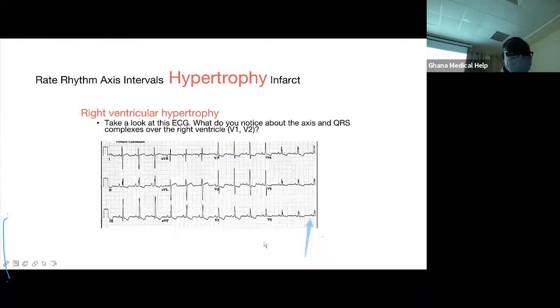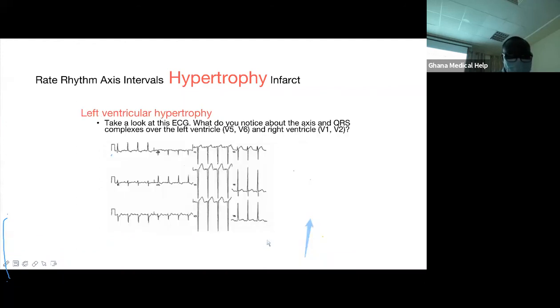So if you combine these two, i.e. the right axis deviation plus the R wave being greater than the S wave in V1, or if you compare the S and R wave in V5 or V6 and the S wave is bigger than the R wave, then you are confident enough to say that this is a right ventricular hypertrophy. Those are just the two, and you are done. Right ventricular hypertrophy sorted out.